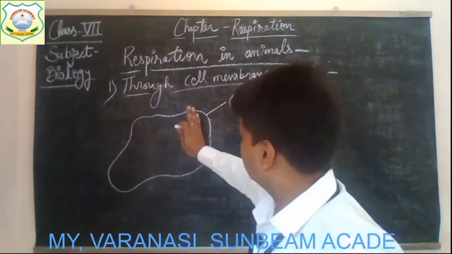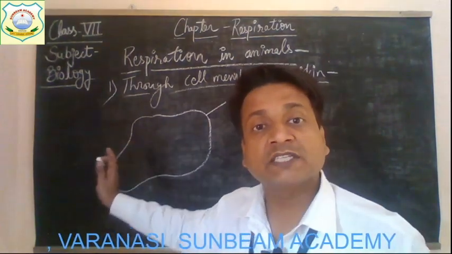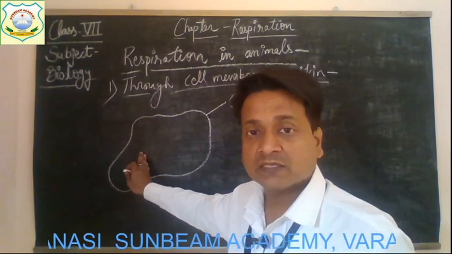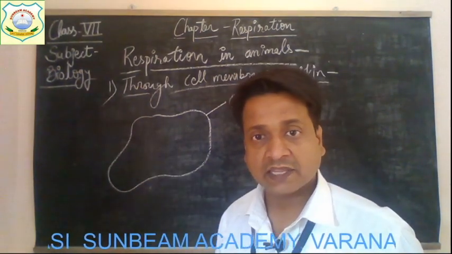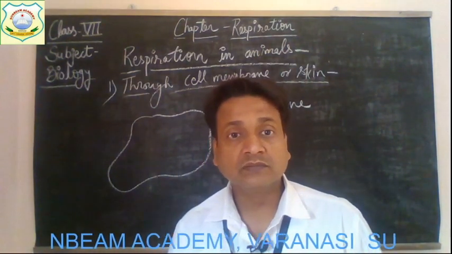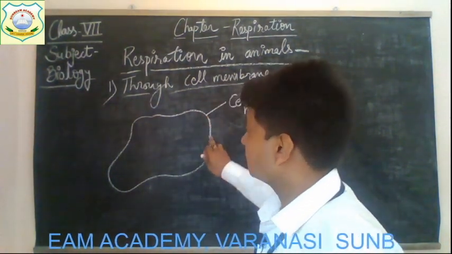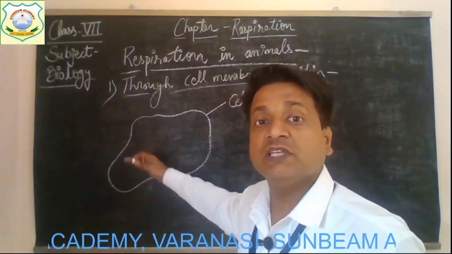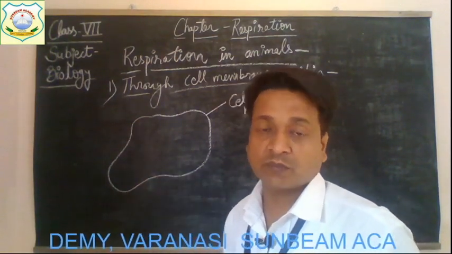Alright children, inside this cell membrane, the different cell organelles like nucleus, cytoplasm and all are present. So at the time of exchange of gases, this cell membrane plays the role for exchange of these gases by the diffusion process.